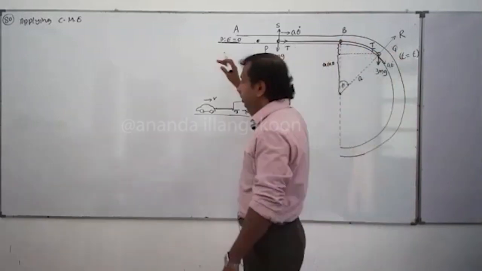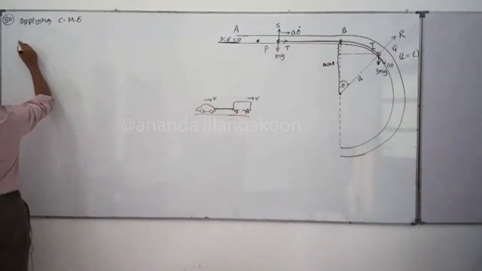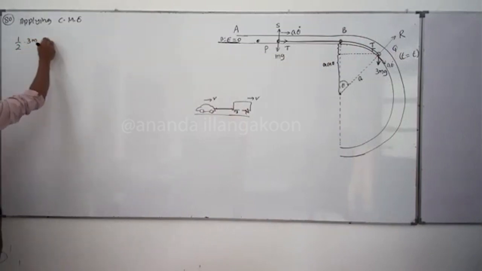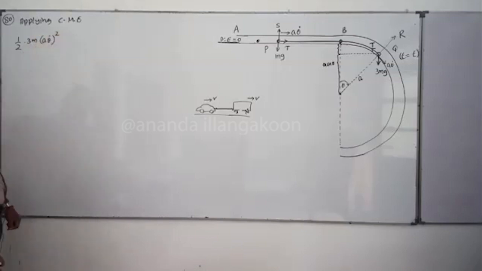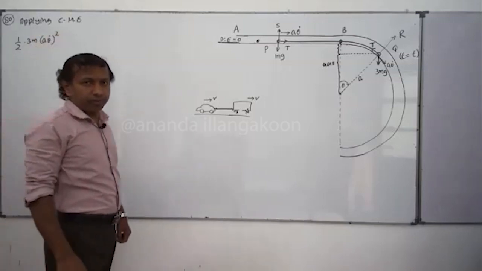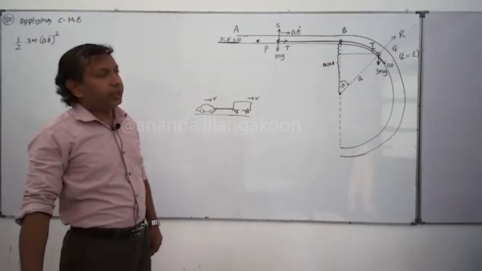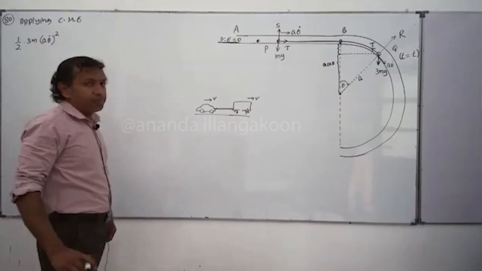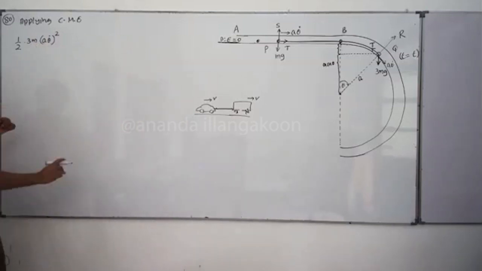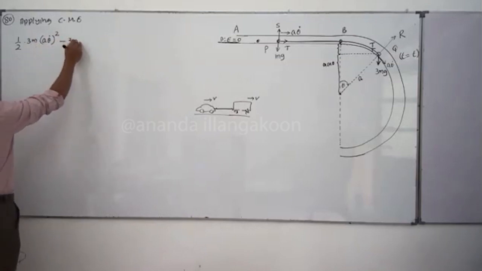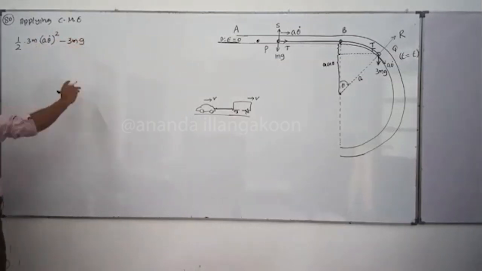The kinetic energy here is half, Q has the mass 3m, and the velocity squared means a theta dot is the velocity, perfectly squared. Half mass into velocity squared is the kinetic energy. Its potential energy is minus mass g height.